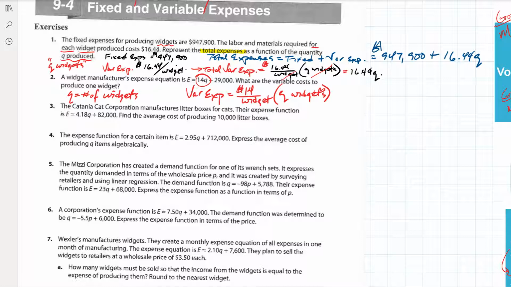The quantity is Q, but the price is 14. So what they're asking here, what is the variable cost to produce one widget? Well, this tells me that the variable cost per widget is going to be equal to $14. Because you always take the cost per widget and multiply by the number of widgets to get the total variable expenses. And there we go. So it's $14 per widget.